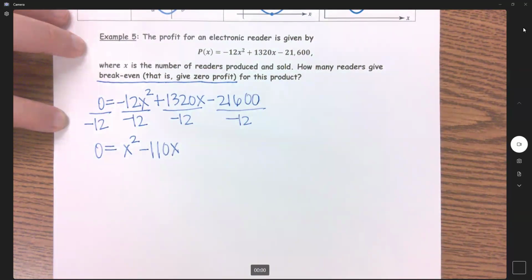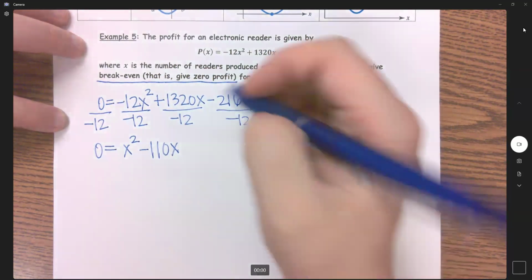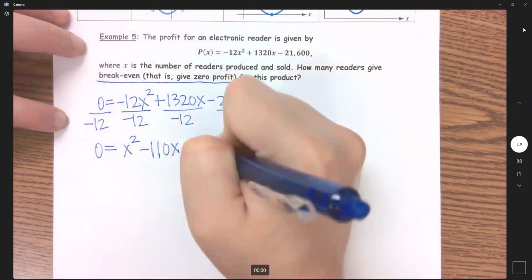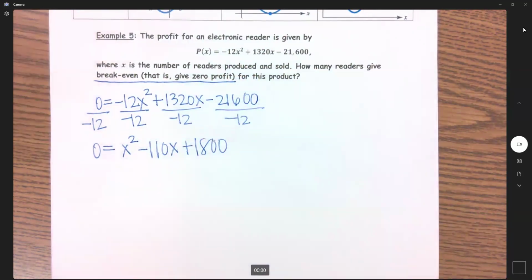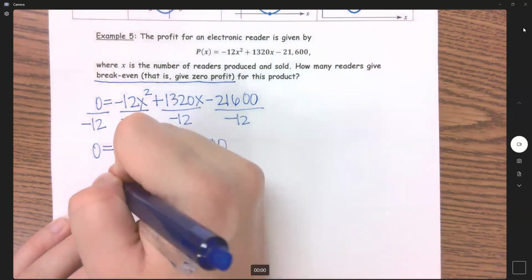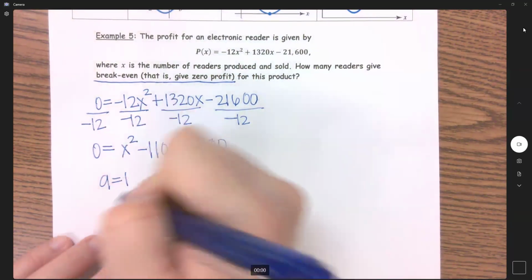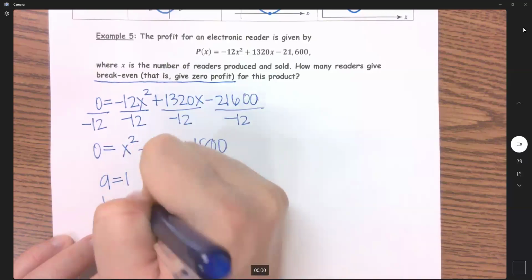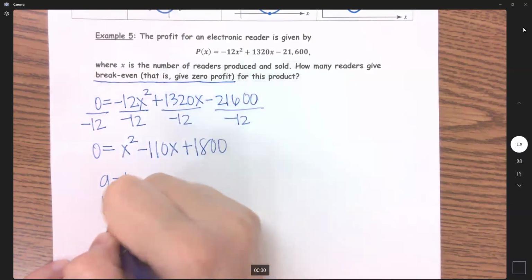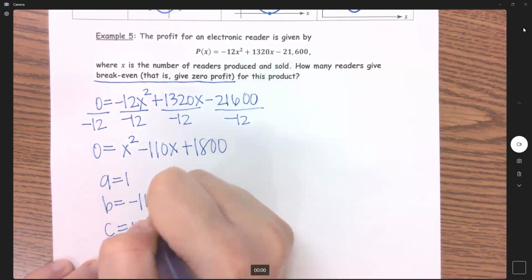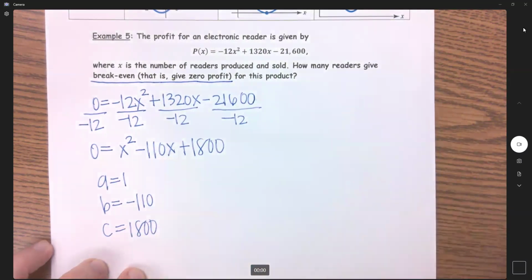And 21,600 divided by 12 is 1,800. Right? So now I can have my A, B, and C listed. My A is 1. My B is -110. And my C is 1,800.